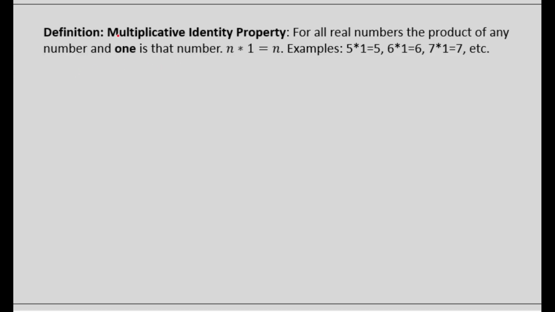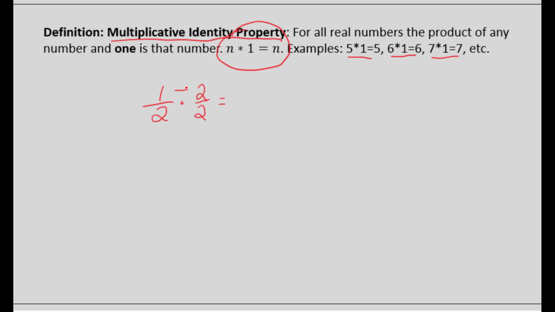This is part of your reading, but I just want to touch on it. The multiplicative identity property. It means just this. Any number times 1 is itself. And you know that from whole numbers, right? Or the natural numbers. The counting numbers. What is nice is that now you can take 1/2, for example, and multiply it by 2/2.